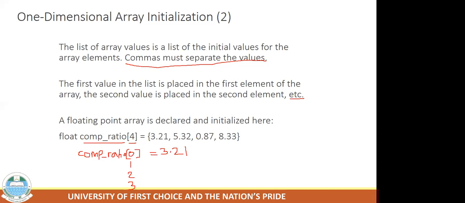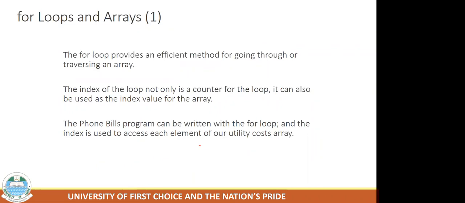That's what you're doing. So comp_ratio 1 will be this, so this is position 0, then positions 1, 2, and 3. So what we're saying is that in a full swing, we are declaring an array and also initializing it. All right, let's move on.